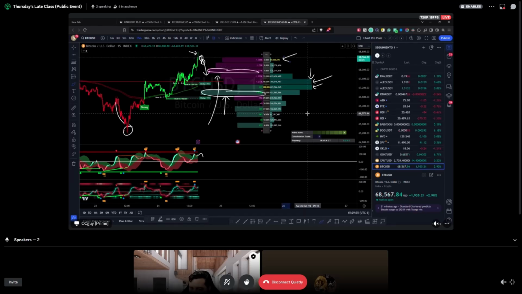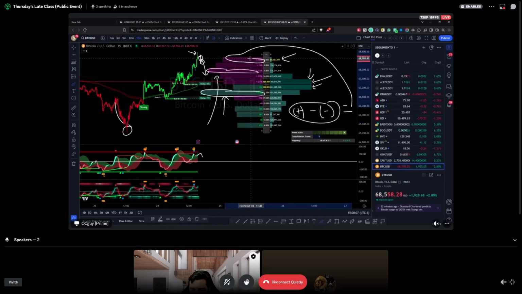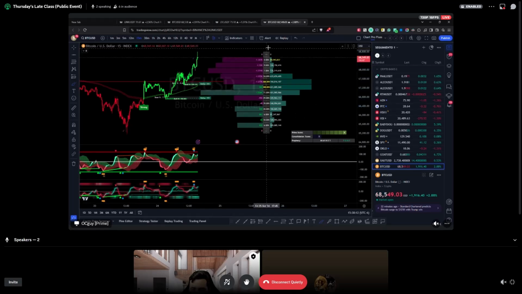So plus volume, buying volume, minus negative volume, is equal to these boxes, right? That's why you will always see a positive number here. This cannot go below zero, but this one can, which means there was a 1.3K deficit on Bitcoin. Does that make sense?